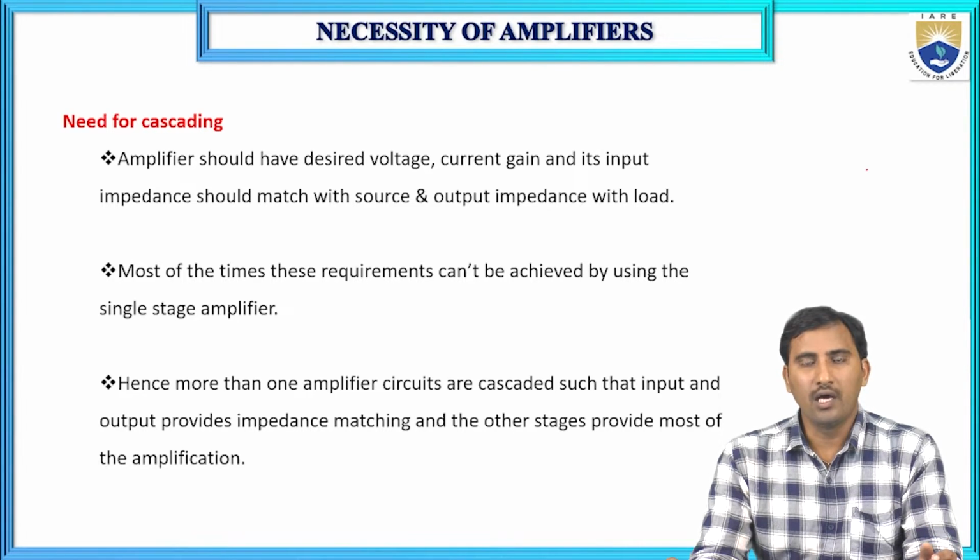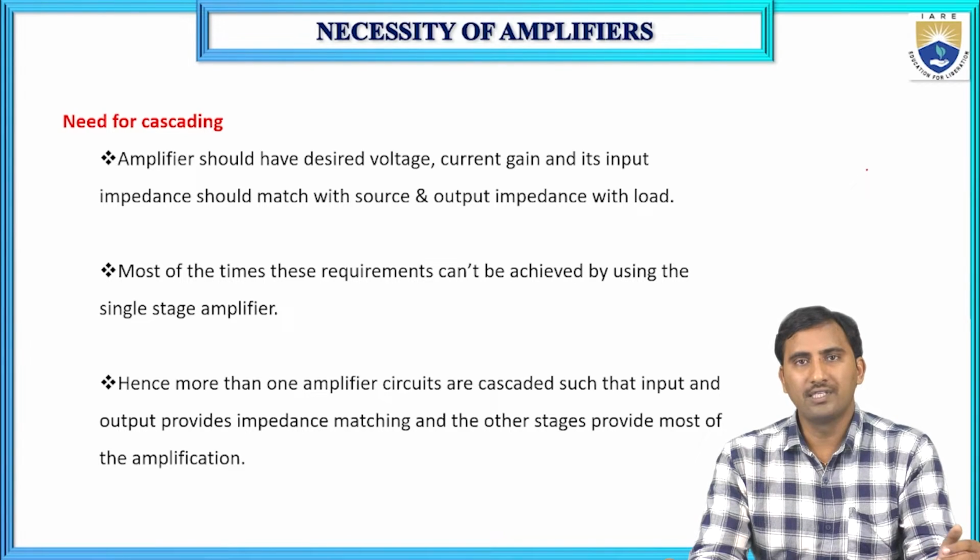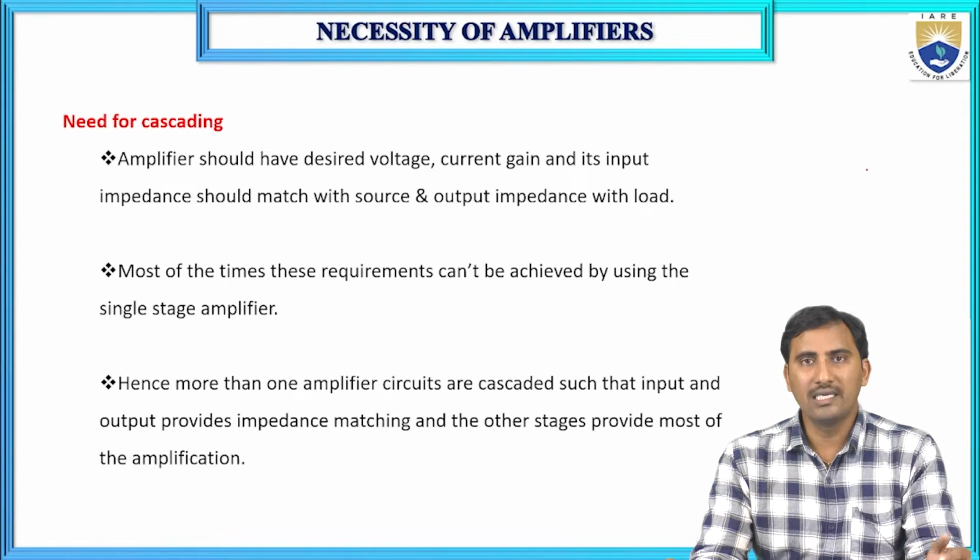Similarly, the output of the second stage we are giving to the input of the third stage. And finally, we are taking the output from the third stage. In this way, many amplifier stages are connected in a cascaded manner. So with a multi-stage amplifier, we can achieve desired voltage gain and current gains. So this is the need of cascading.